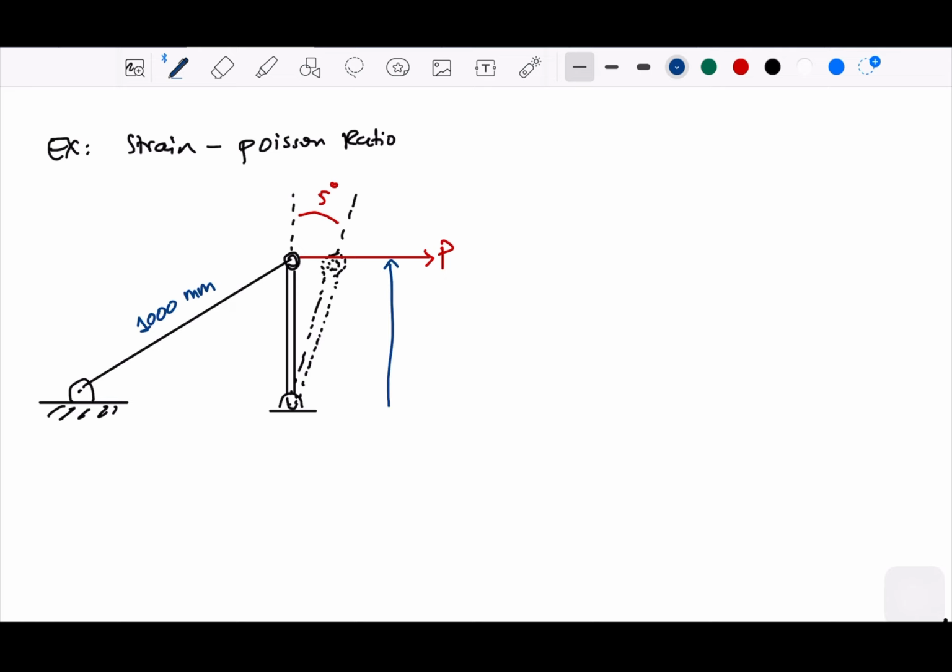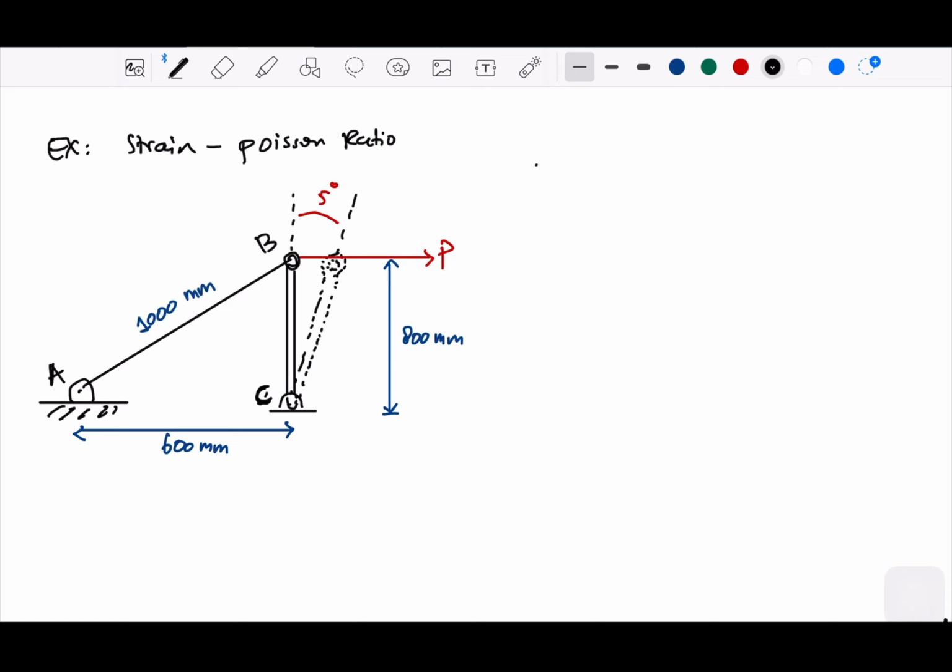And the height for this specimen or material is 800 millimeter. And the distance between the pins is 600 millimeter. And let's name the points. Let's say it's A, B, and C.